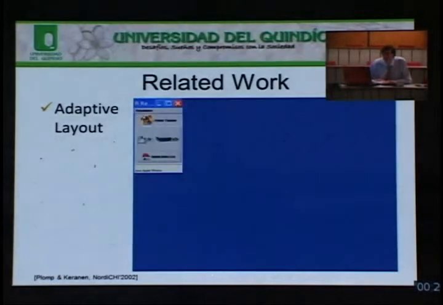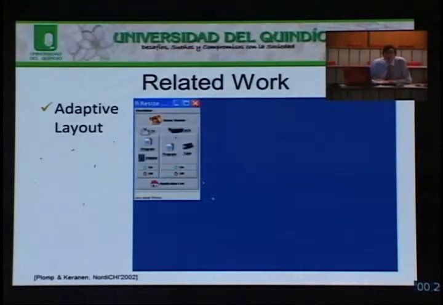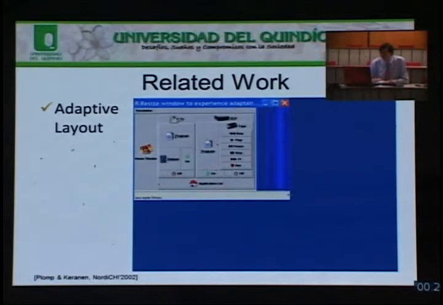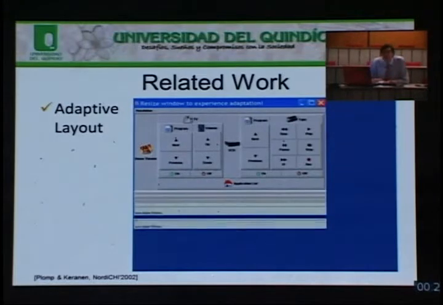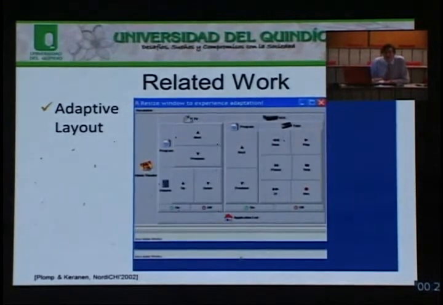Or you can change and keep a small resolution. In that case, you have fewer options. Again, each time the window is changed, an animation is used between the initial and the final stage.